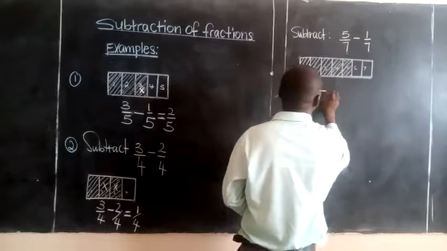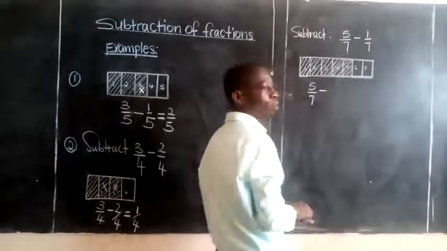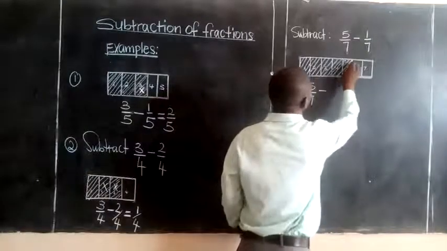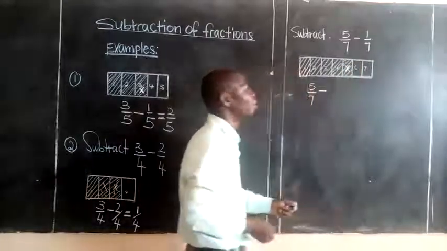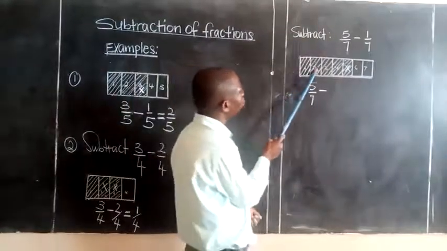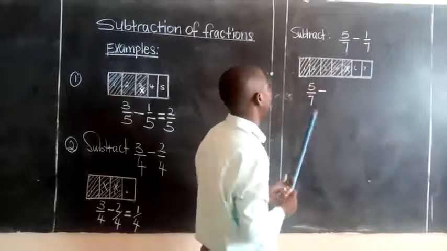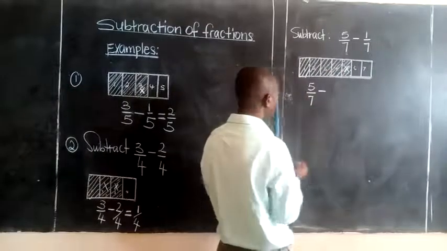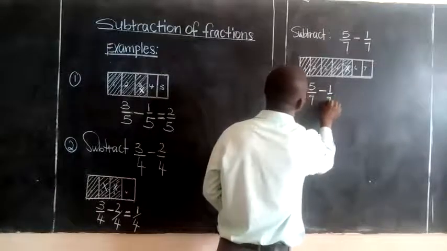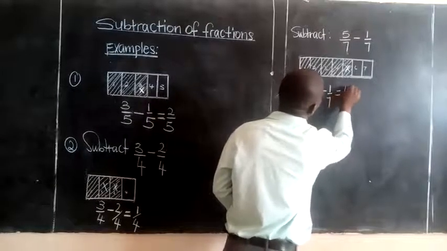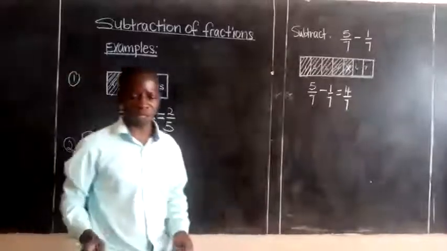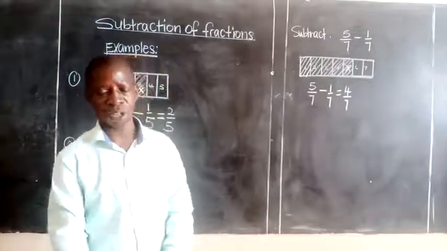And now they are telling you to subtract only 1 part. How many shaded parts do we remain with? We need to count: 1, 2, 3, 4. So 4 parts are remaining. Our answer is 4 out of 7. So that's how we can deal with it when we are using diagrams.